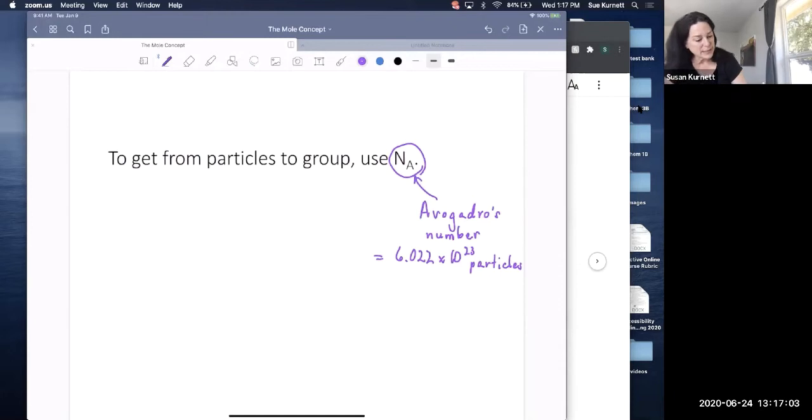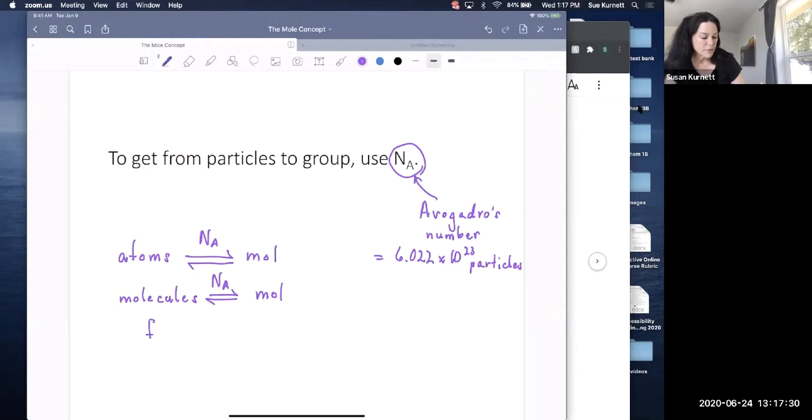Okay, so I'm going to write, to get from atoms to a mole, or to get from a mole to atoms, I use Avogadro's number. To get from molecules, like carbon dioxide, something that's covalently bound, to a mole, or back, I use Avogadro's number.